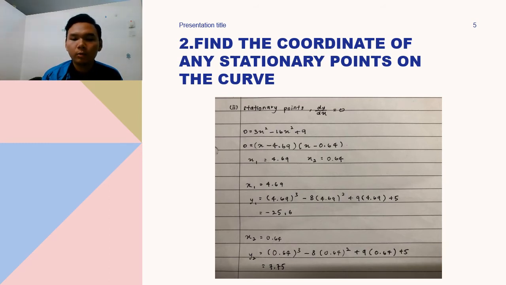y2 equals bracket 0.64 close bracket power of 3 minus 8 bracket 0.64 close bracket power of 2 plus 9 bracket 0.64 close bracket plus 5. So we get the answer 7.75 for question number 2.